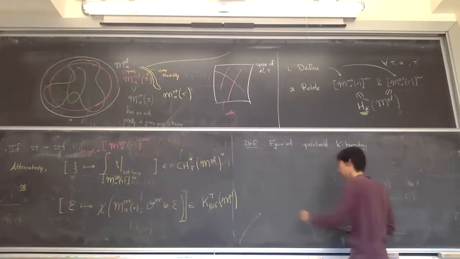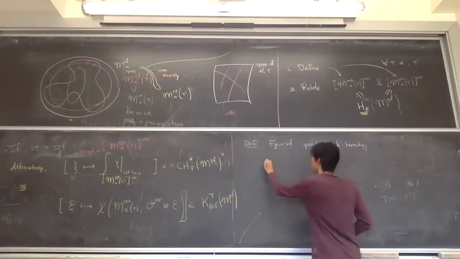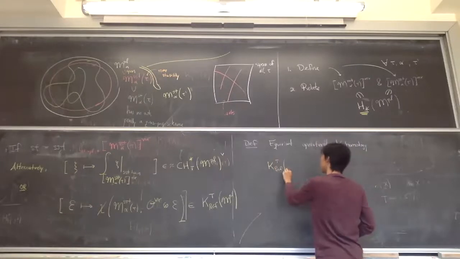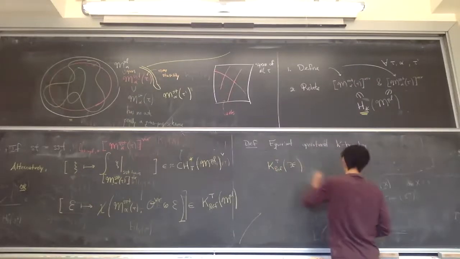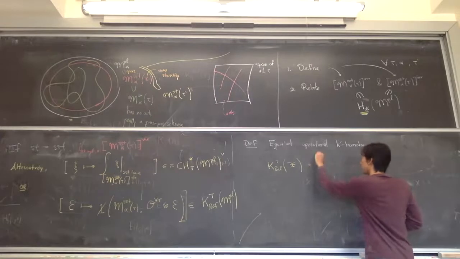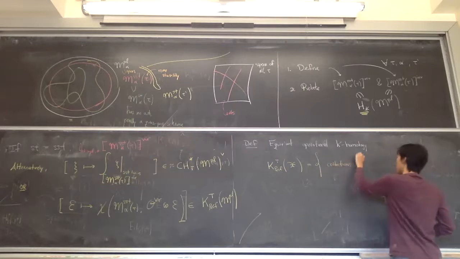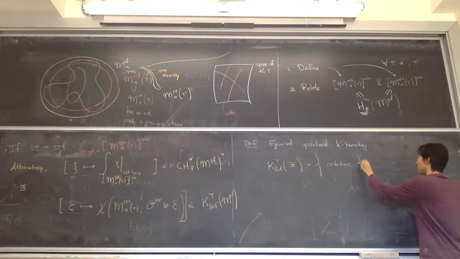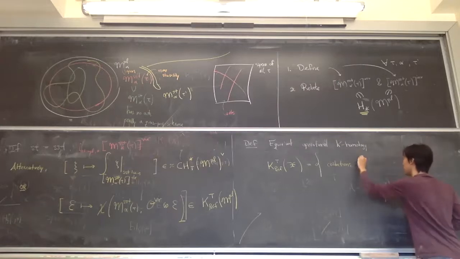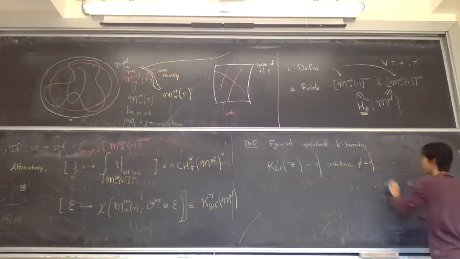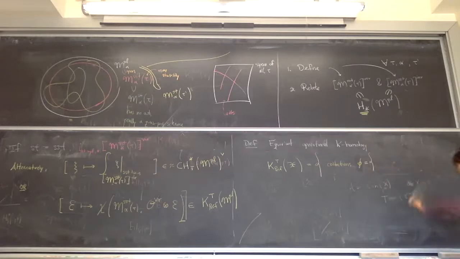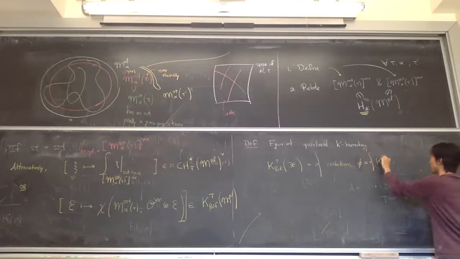So what's this going to be? K perf T of some stack X is going to be a set of all collections of, let's give this a name, let's call it phi. What's phi going to be? Phi will be some collection of functionals from the actual K theory of perfect complexes.